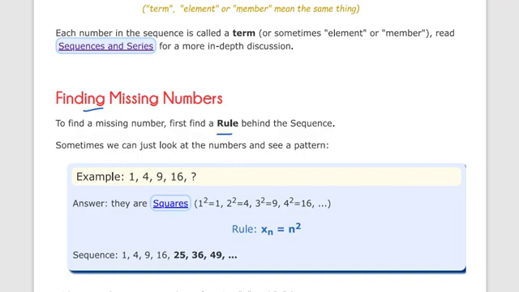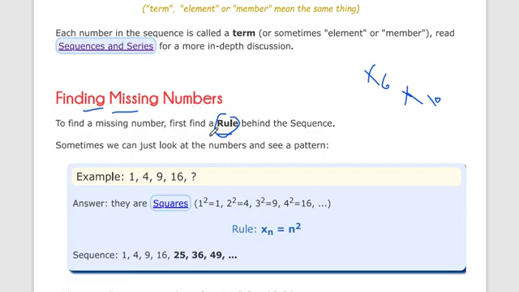This is the types of sequence and series. To find the missing number of any sequence, first you have to find the rule of that sequence. After that you can find the sixth term, the 10th term.